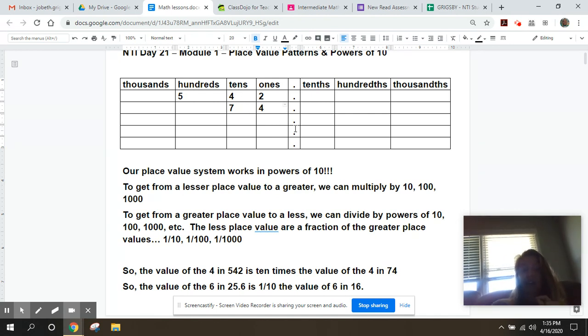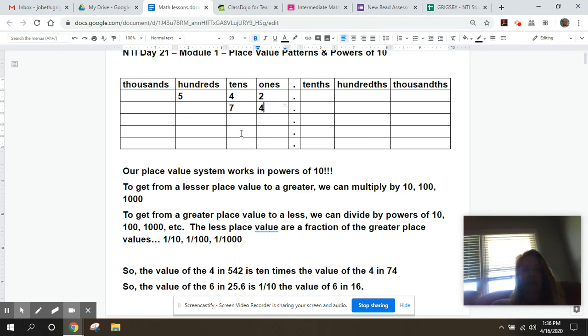We could also say the value of the 4 in 74 is 1/10 the value of this 4 in 542. You could say it either way. This 4 is 10 times greater than the value of this 4, or the value of this 4 is 1/10 the value of this 4.